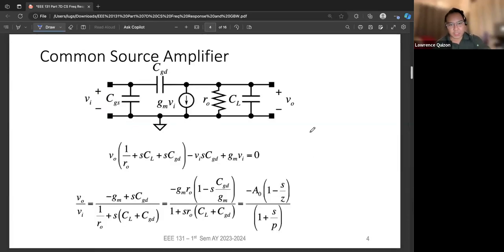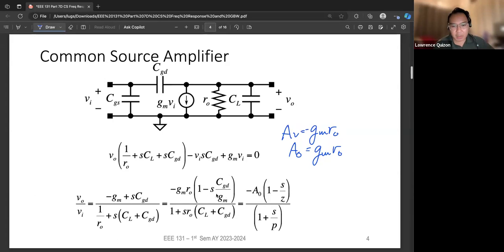So here, solving for the overall gain, we get that the DC gain would be negative gm R_out, no? We factor out the negative to get an A0 that's only positive, which is gm R_out, our low frequency gain in the magnitude response, no?